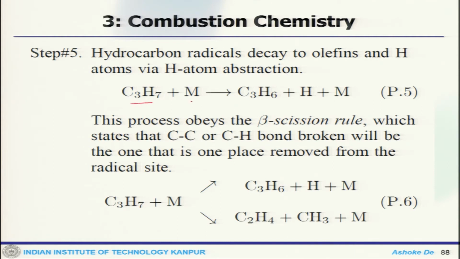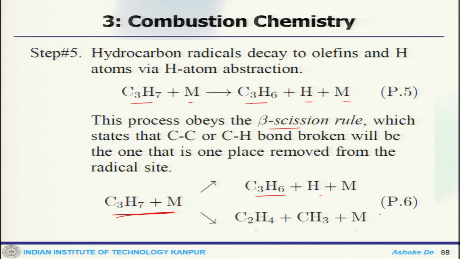So, C3H7 gives you C3H6, H and M. This process obeys one of the common rules, the beta scission rule, which states that the CC or CH bond broken will be the one that is one place removed from the radical site, which is C3H7 when it reacts with M. So, you get C3H6, H and M, or it can form C2H4, CH3 and M.